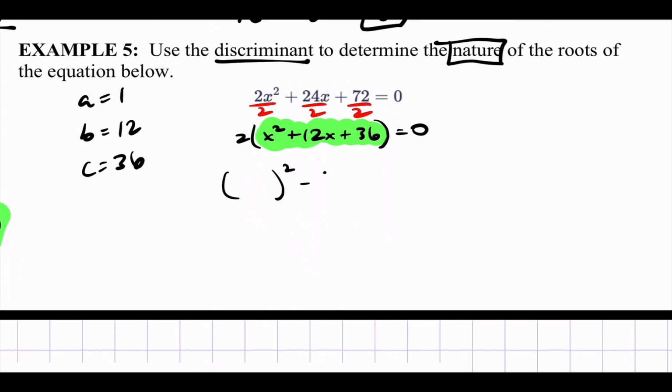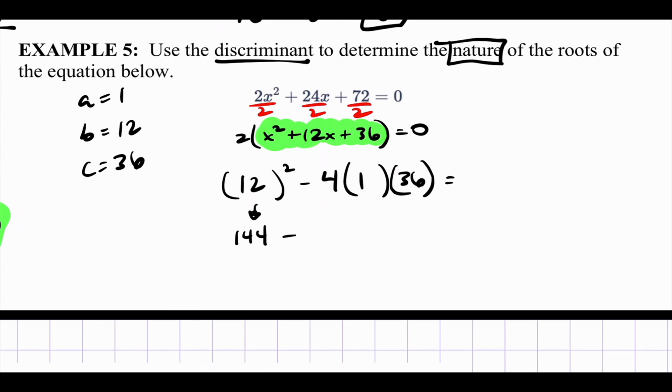So I'm going to plug it into the discriminant. Figure out what type of answer I'm going to get. B squared, 12 squared, minus 4AC. Okay, so square, that's going to give you 144, 12 squared.